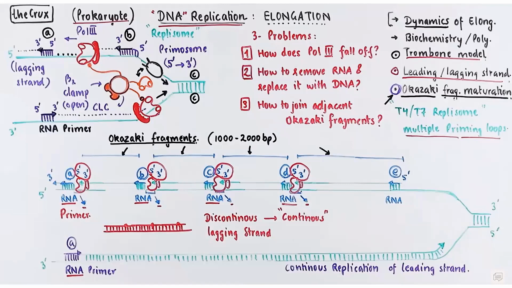Then small fragments of DNA are synthesized, then dissociated. This fragment of DNA in prokaryotes is called an Okazaki fragment, and it is about 1,000 to 2,000 base pairs in length.